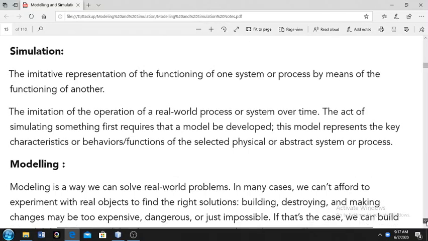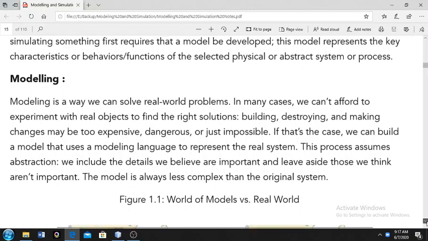Now, what is modeling? Modeling is a way we can solve real world problems. In many cases, we can't afford to experiment with real objects to find the right solution. Building, destroying, and making change may be too expensive, dangerous, or just impossible.